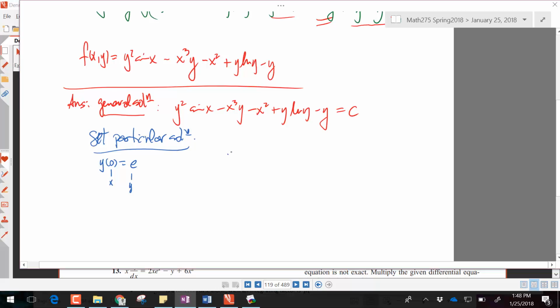So we're going to put e in for y and 0 in for x. And then solve for c.